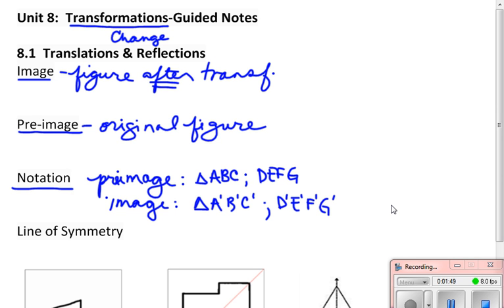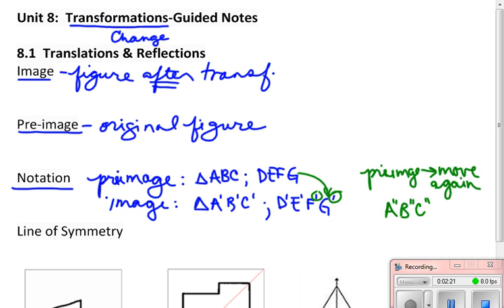So that little prime notation right there is what indicates that that G prime is where the figure G went. It's the new G. If you get fancy and you take a pre-image and you move that in some sort of transformation, then we get things like A double prime, B double prime, C double prime.